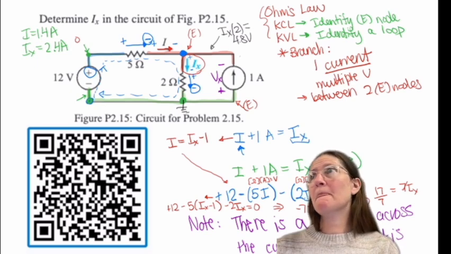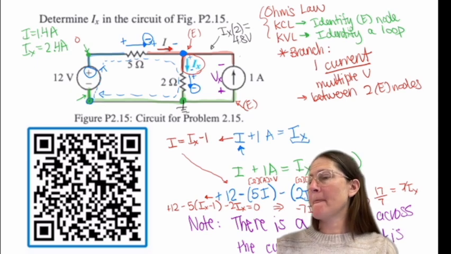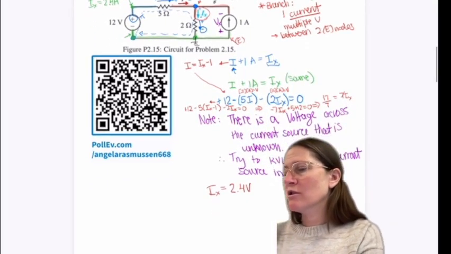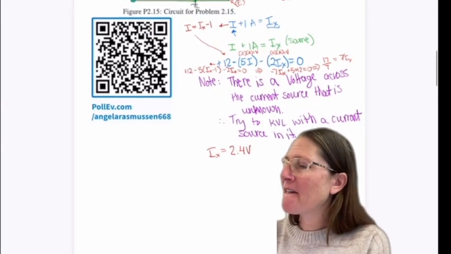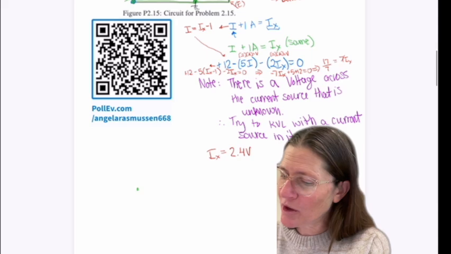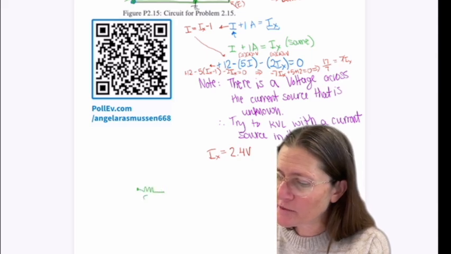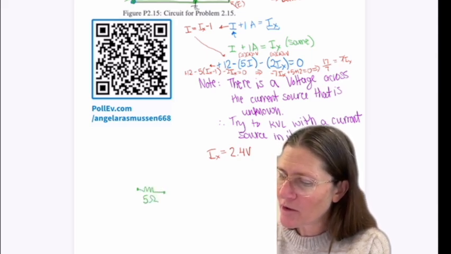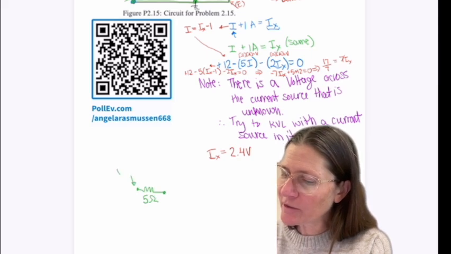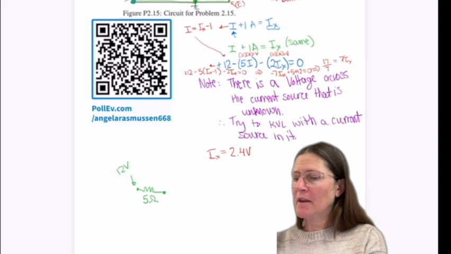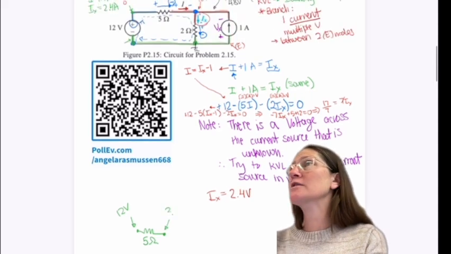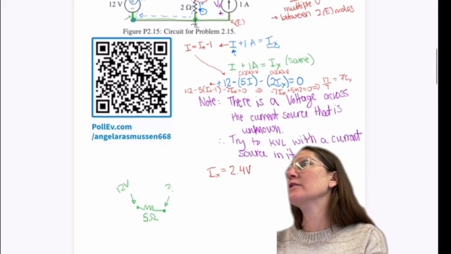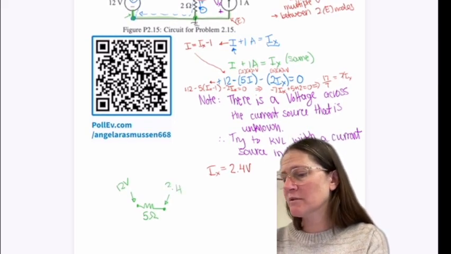So could we find the current across the 5 ohm resistor and then add 1 amp to it? I think that's what most people did. Yeah. Maybe that was wrong. So on this 5 ohms, you know that this is 12 volts, but you don't know what this one is until you find the current and solve it to find that it's 4.8 volts.